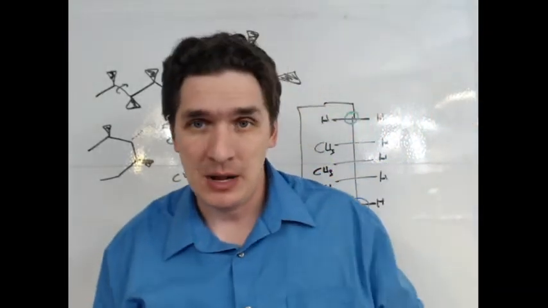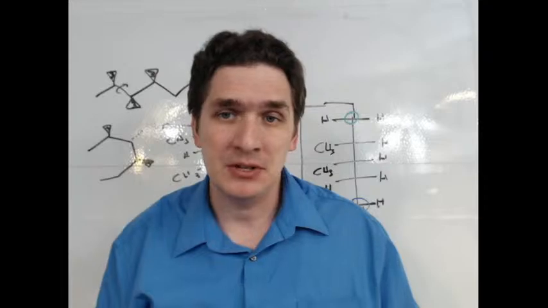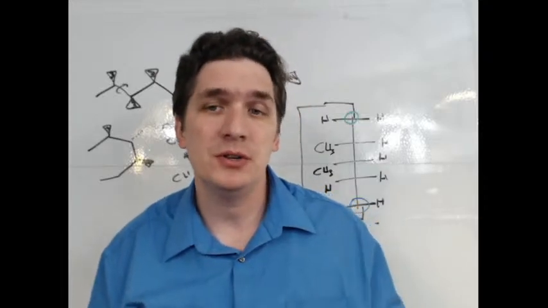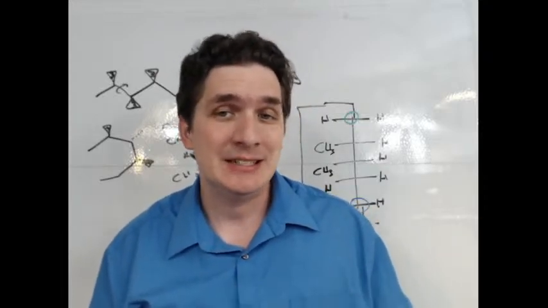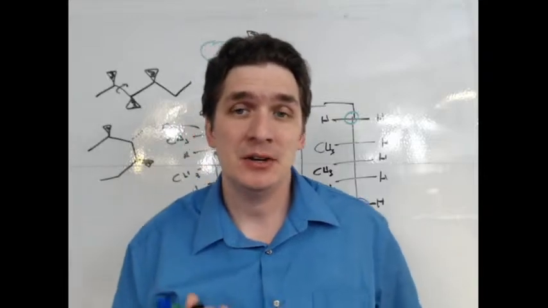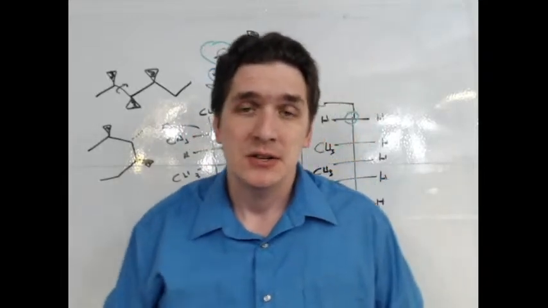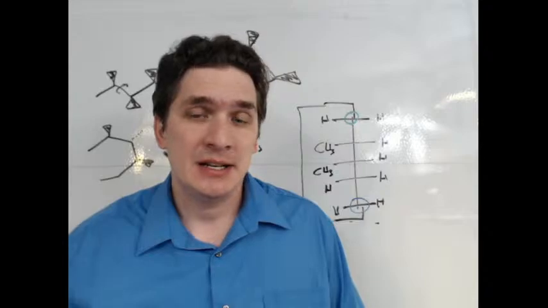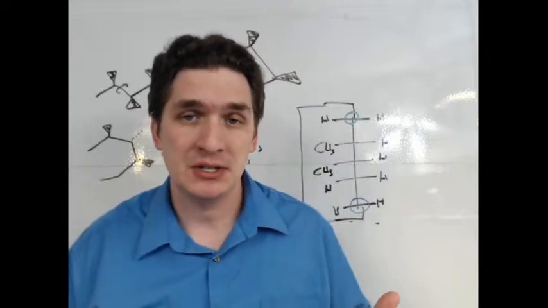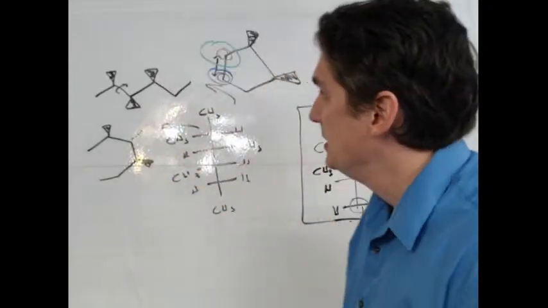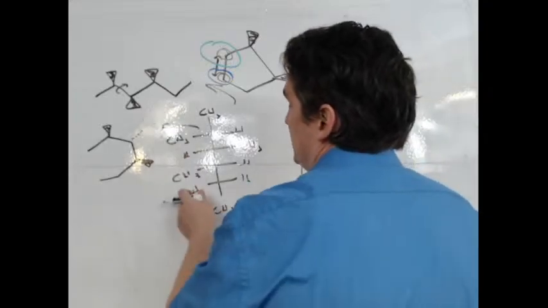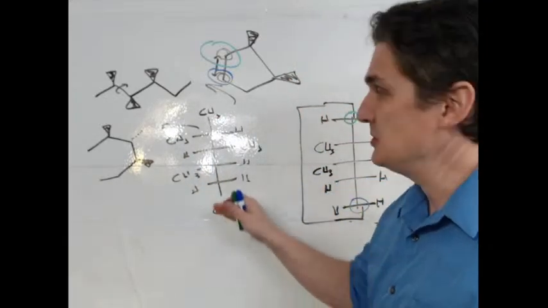Now, here's the problem with cyclic molecules. Where you start and where you finish is going to really dictate if the Fischer projection is going to make it apparent which are the meso complexes. So meso complexes are ones that have more than one chiral center and there's a mirror plane running through them. So for something like this, it's really easy to see that there's no mirror center because we have the whole molecule.